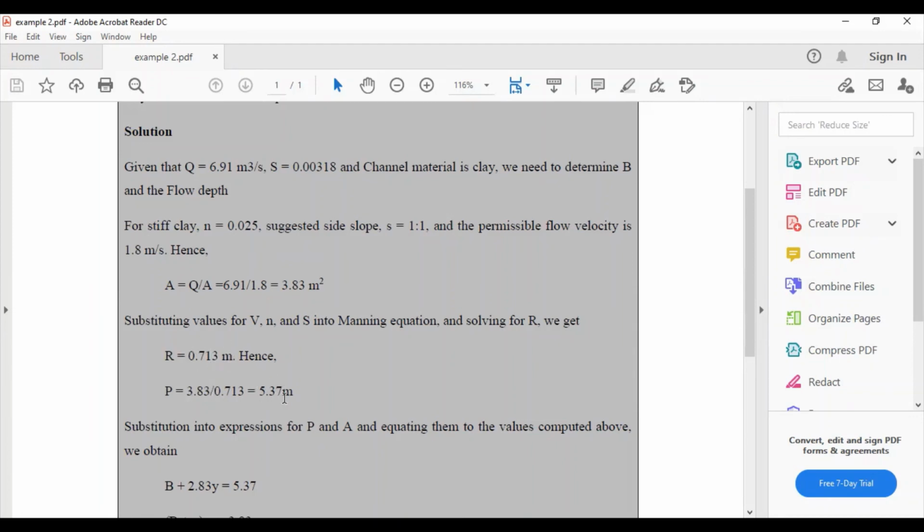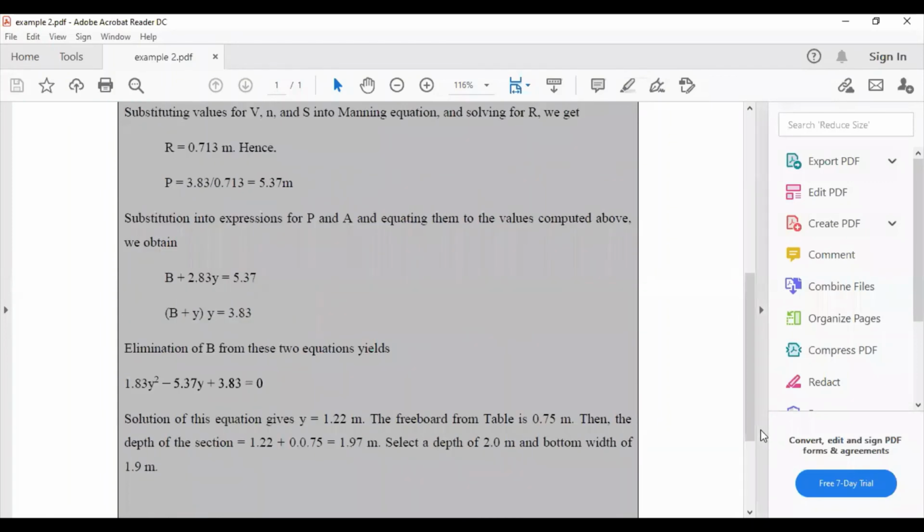Then we get our perimeter. So we have determined the area and we have determined the perimeter. So once we have these two values, it will be easy for us now to determine the height and the width of our drain.